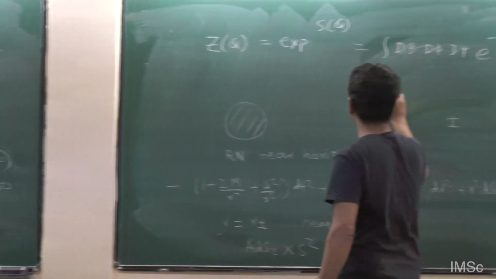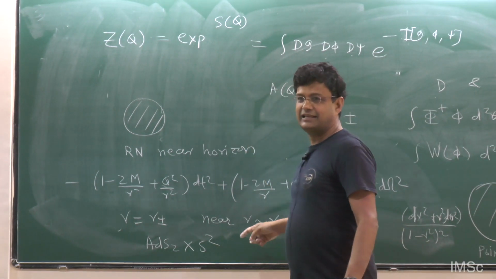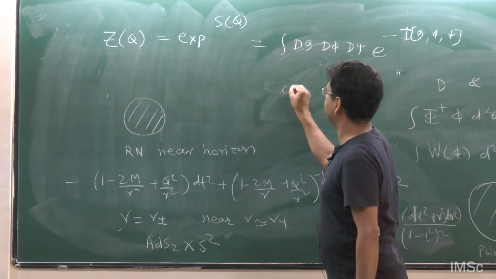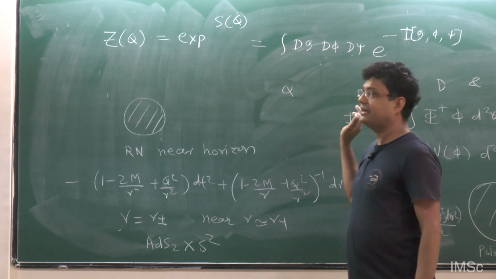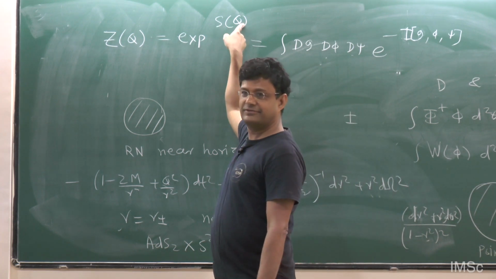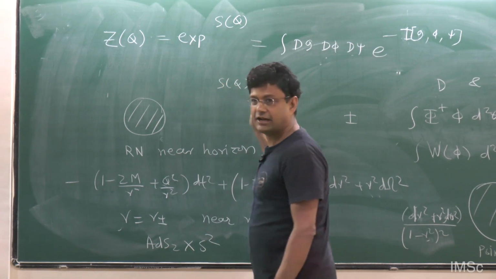It's a calculation. A is not given by boundary data; Q is the boundary data. You will calculate this quantity, S of q, by doing this path integral, which you can expand for large charge.